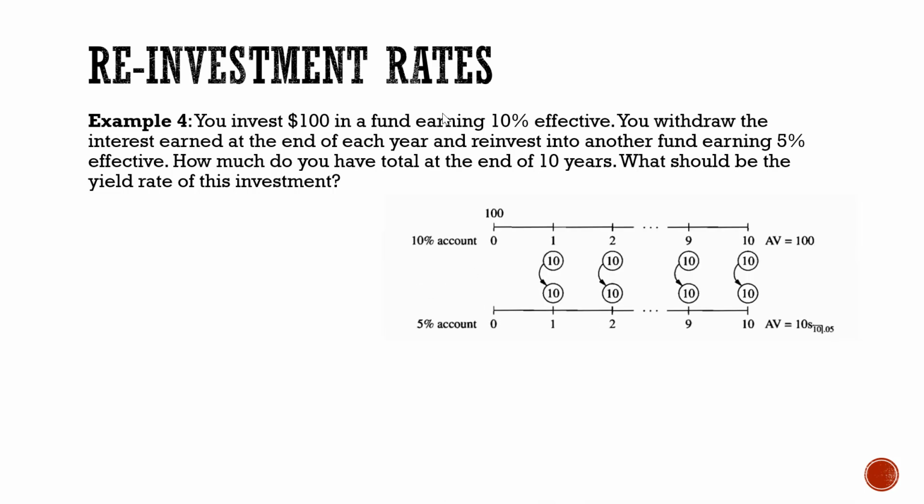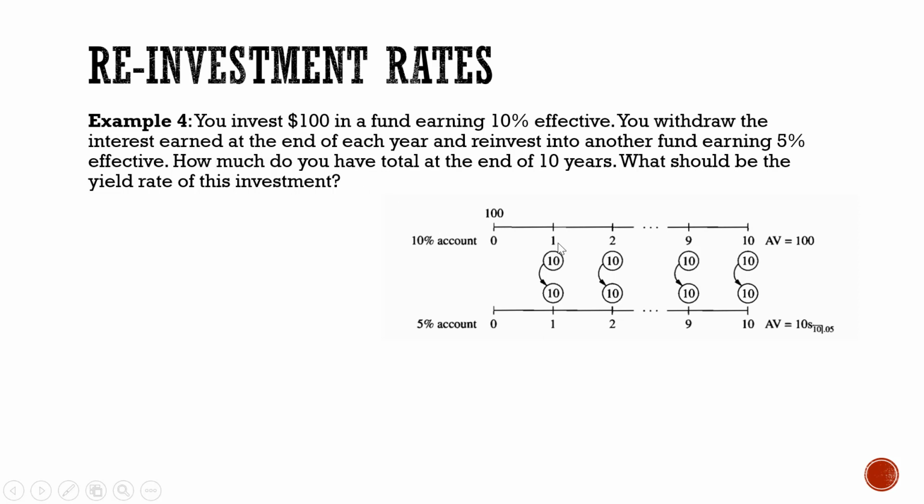So the yield rate can also be understood as the rate over the entire investment applied when including any fee and any other transaction. So here, the first account earns 10% effective, and you invest $100 at time 0. You withdraw the interest at the end of each year.